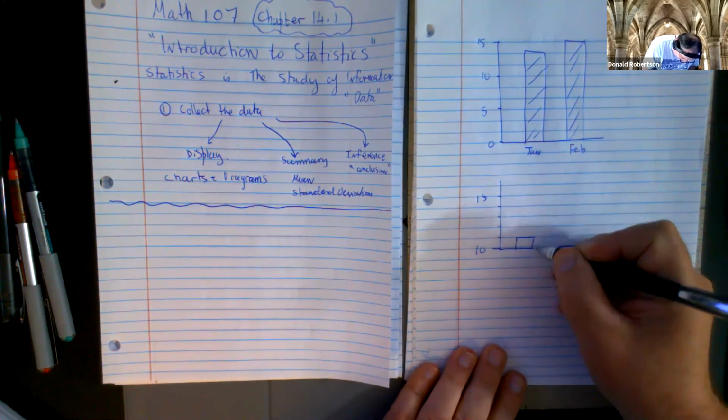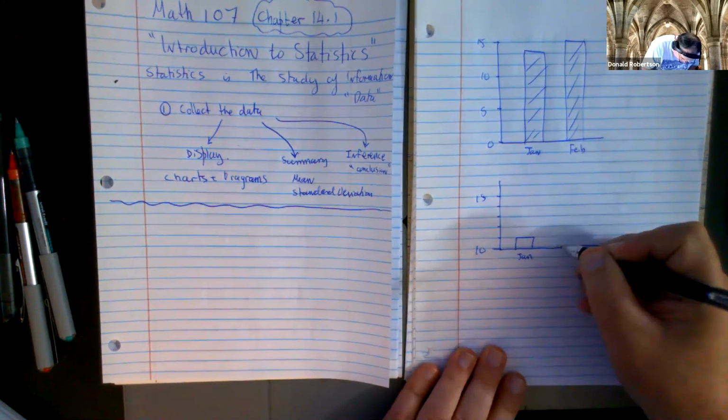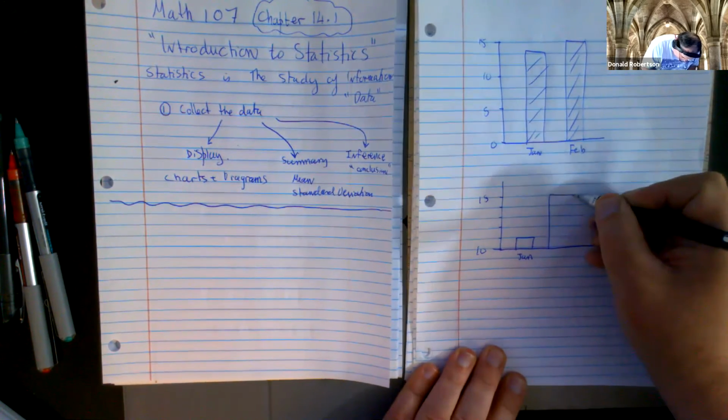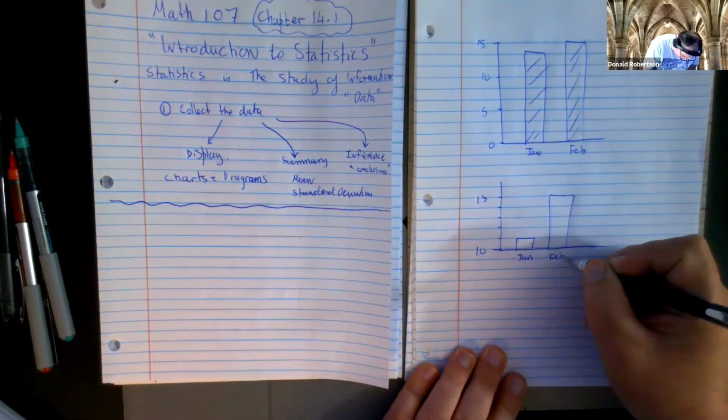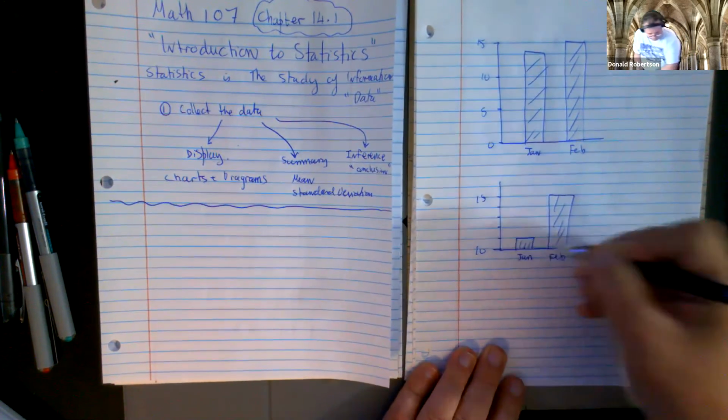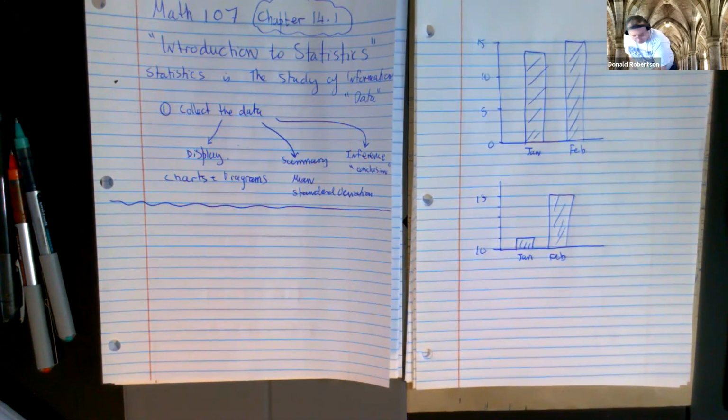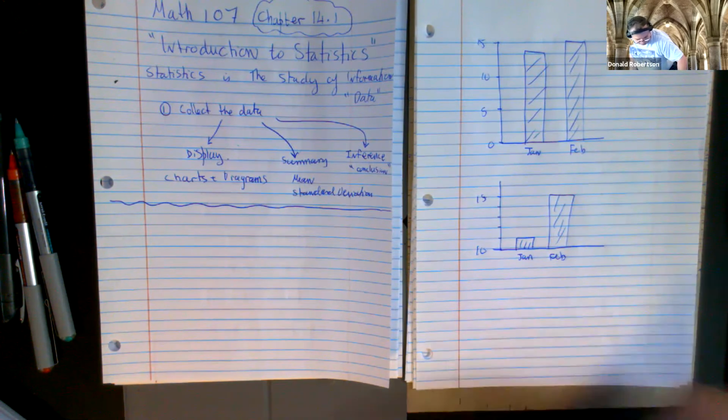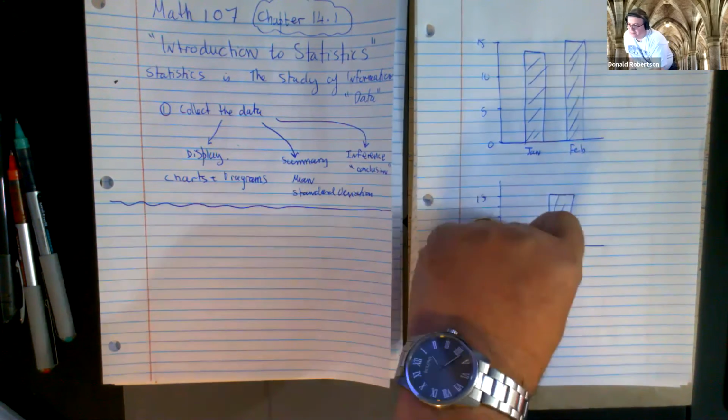Here's January. Here's February. Doesn't February look like it's a lot bigger than January if you just don't pay attention to the numbers? Doesn't it look like 4 times taller?